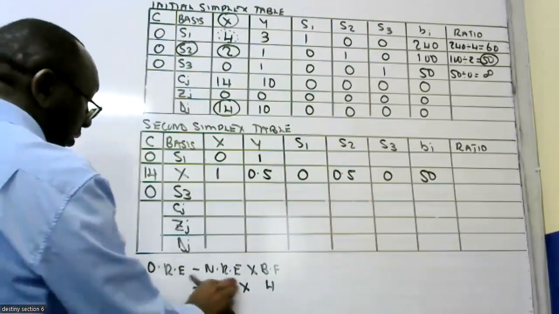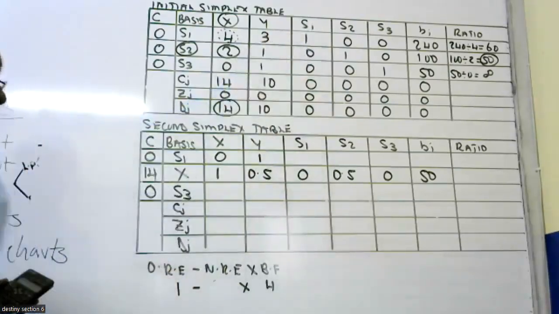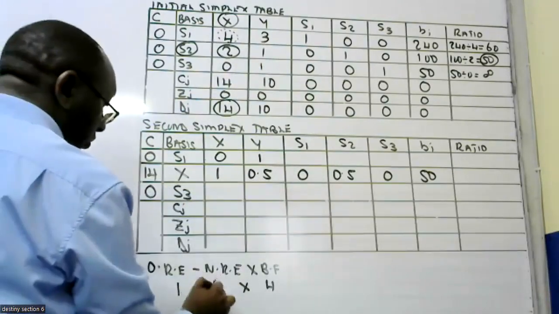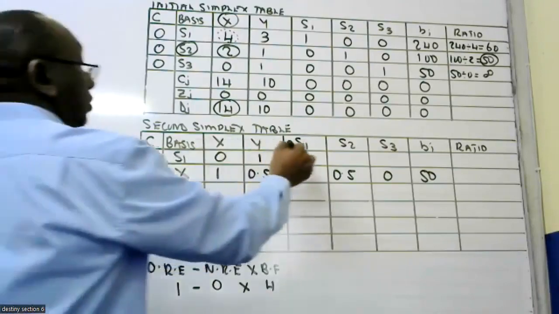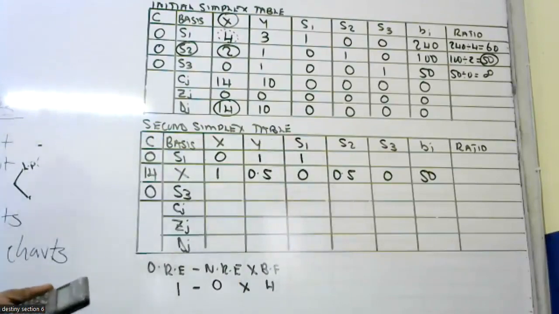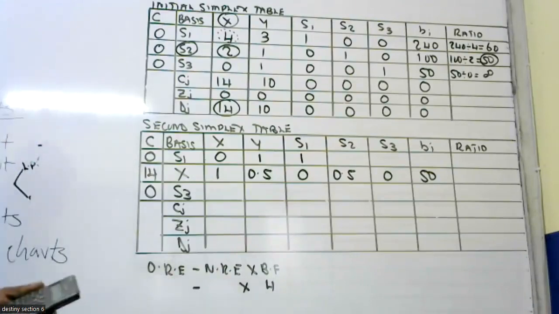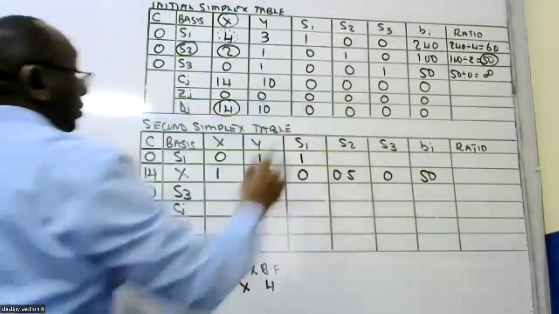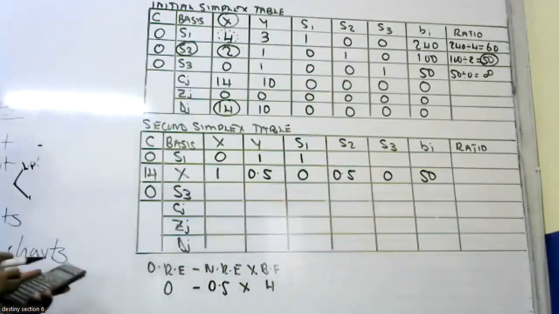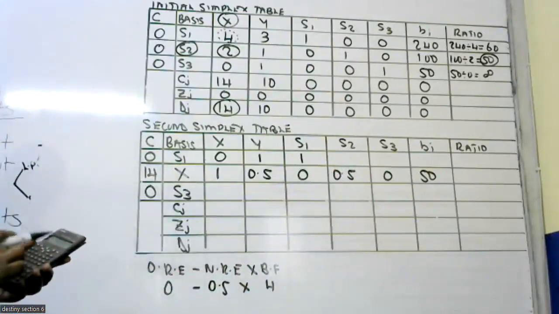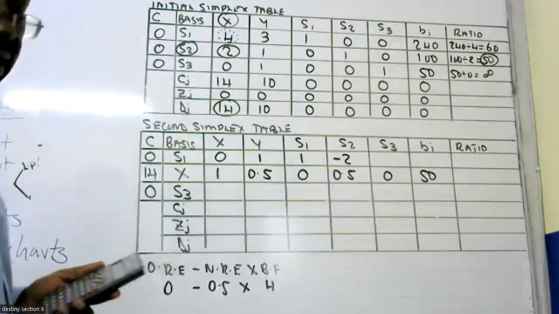We go to the next one. This one is 1. The new row has 0. So it is 1 minus 0 times 4. It's 1. So you put it there. The next one is this one, 0. The new row has 0.5. So 0 minus 0.5 times 4. It's negative 2.